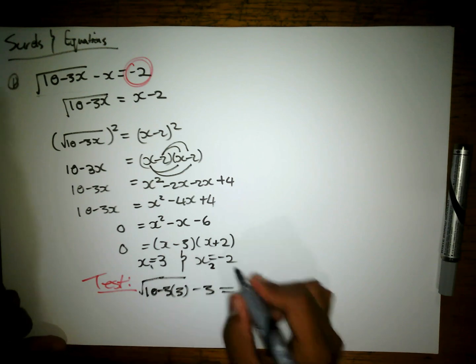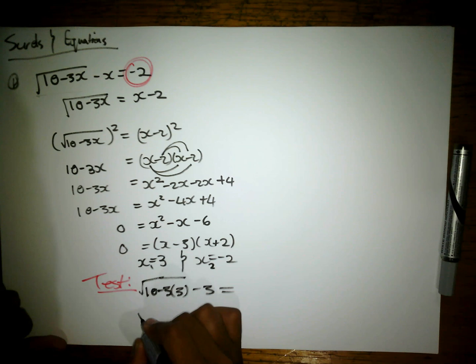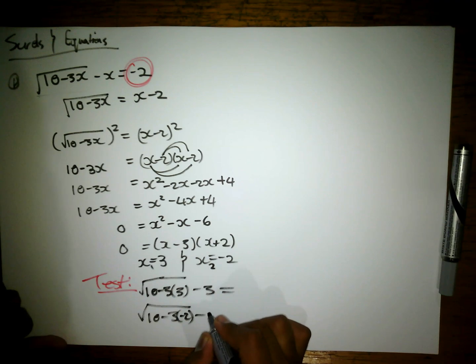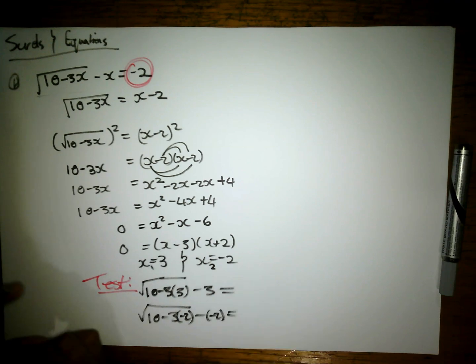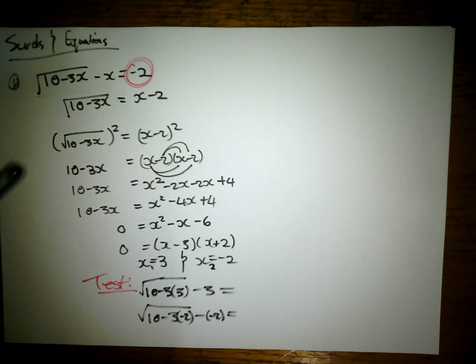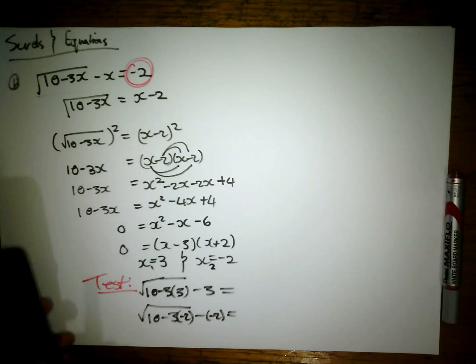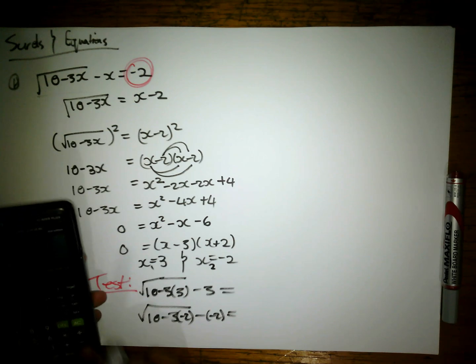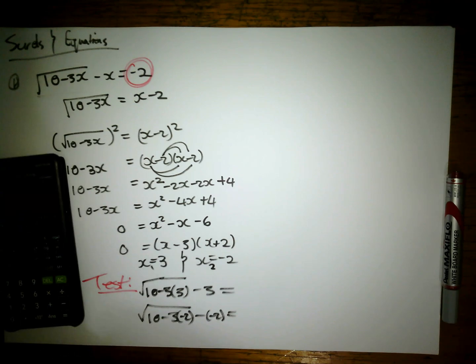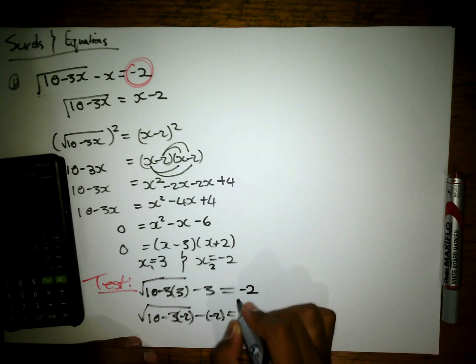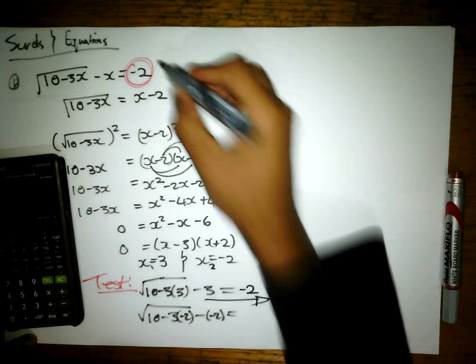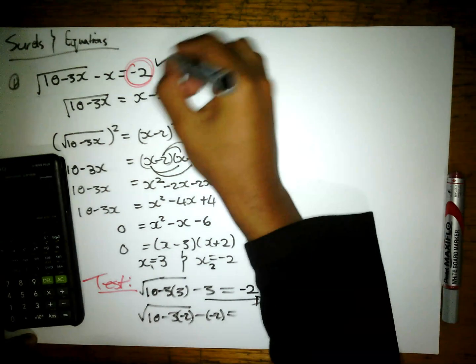And for the second one, we say 10 minus 3 times minus 2. In the calculator, 10 minus 3 times 3 minus 3 is negative 2. That means this is correct, because we have that negative 2 there.